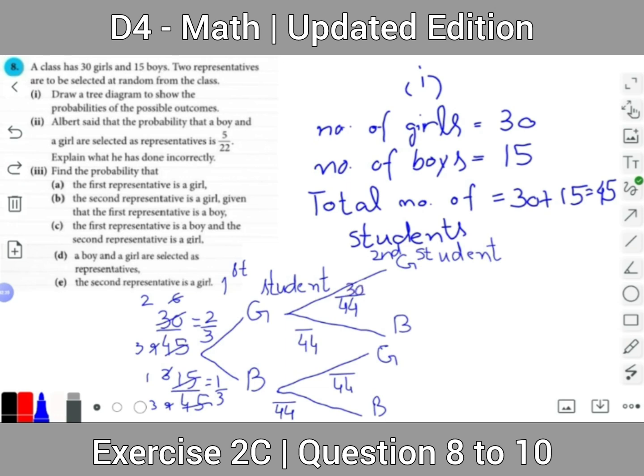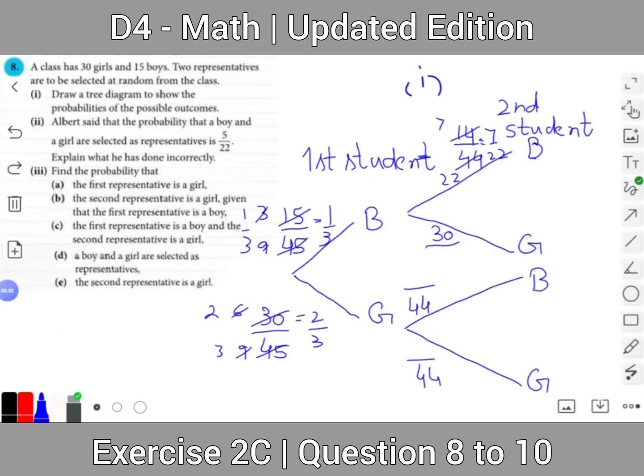Now in the case of boys, it will be 29 over 44, and 30 over 44 will simplify to 15 over 22.